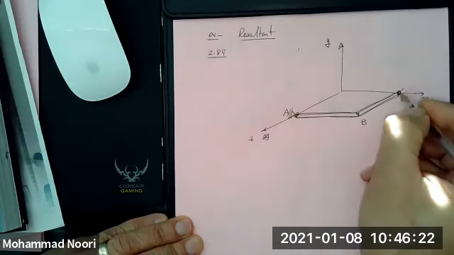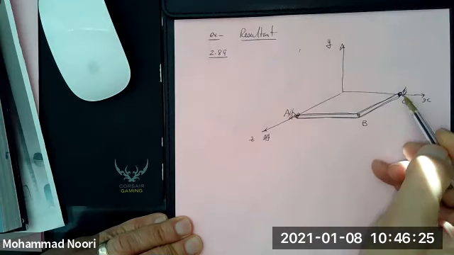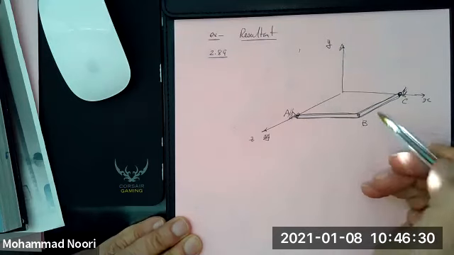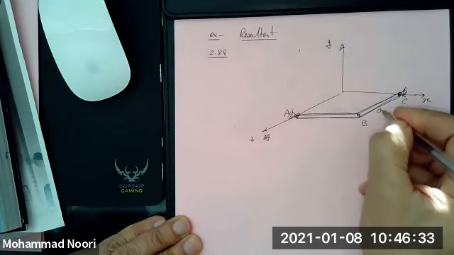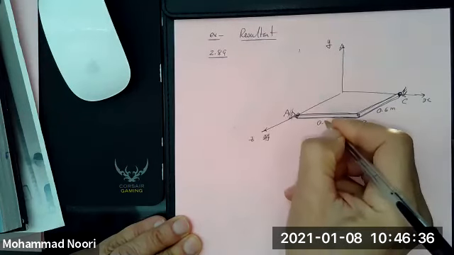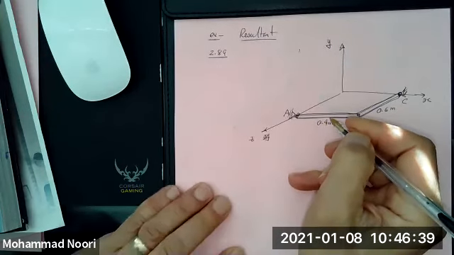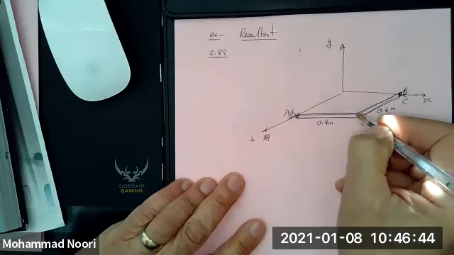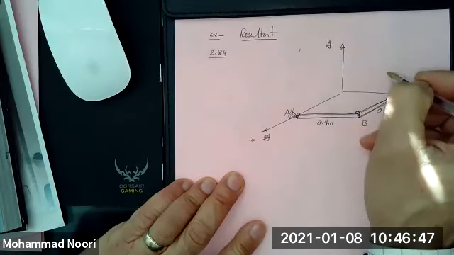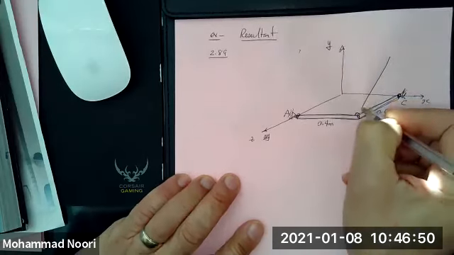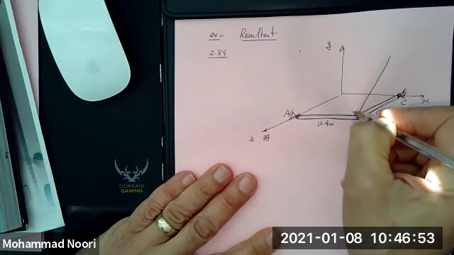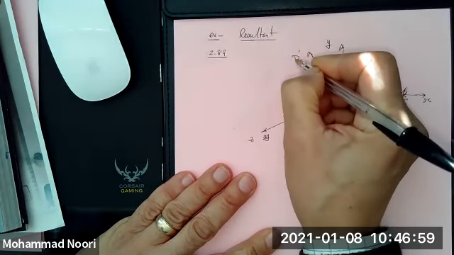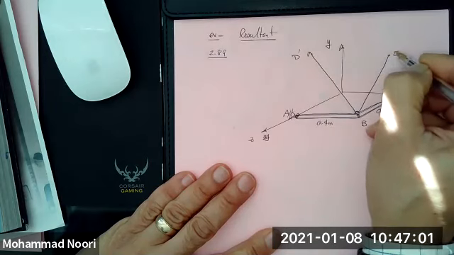So in order to hold this pipe in place, we have attached these two ends to these two lines along X and Y coordinates. We know this side is 0.6 meter, this side is 0.4 meter. And then we have attached a cable. There's a hook here, and a cable goes around through this hook and is connected to these two walls at these two points, D and E.